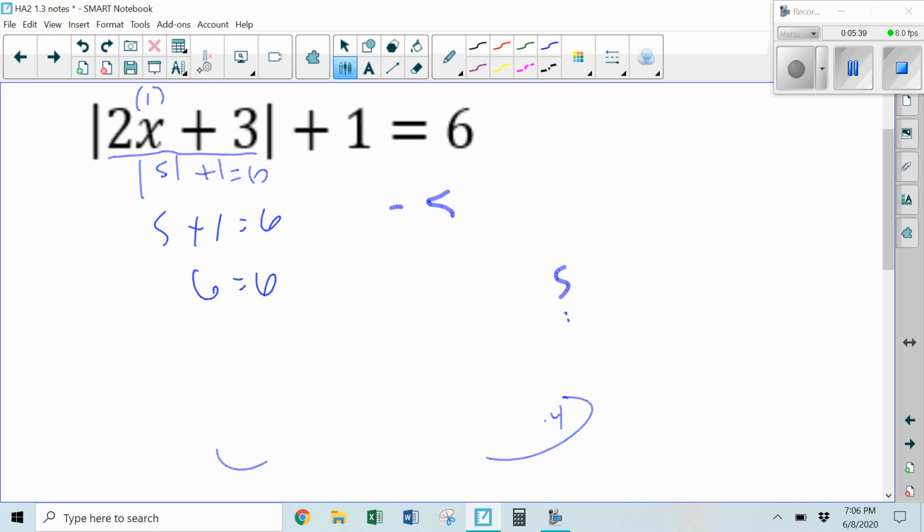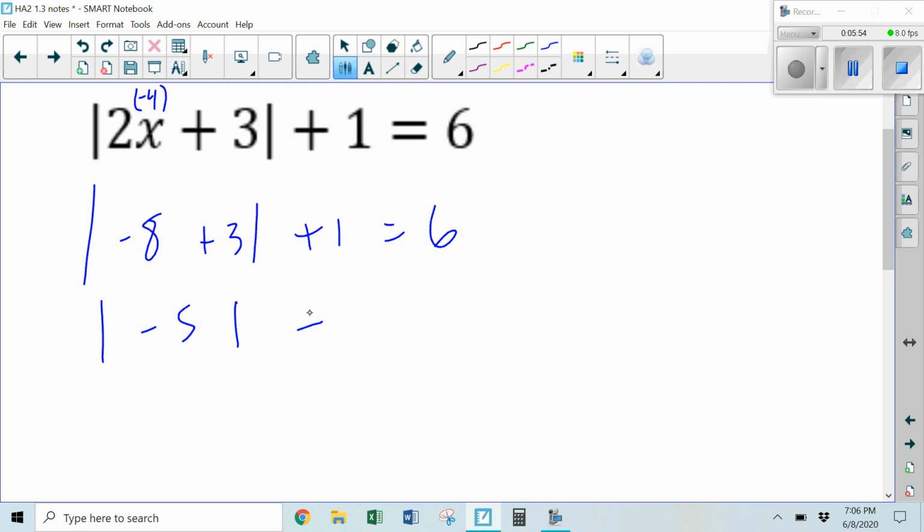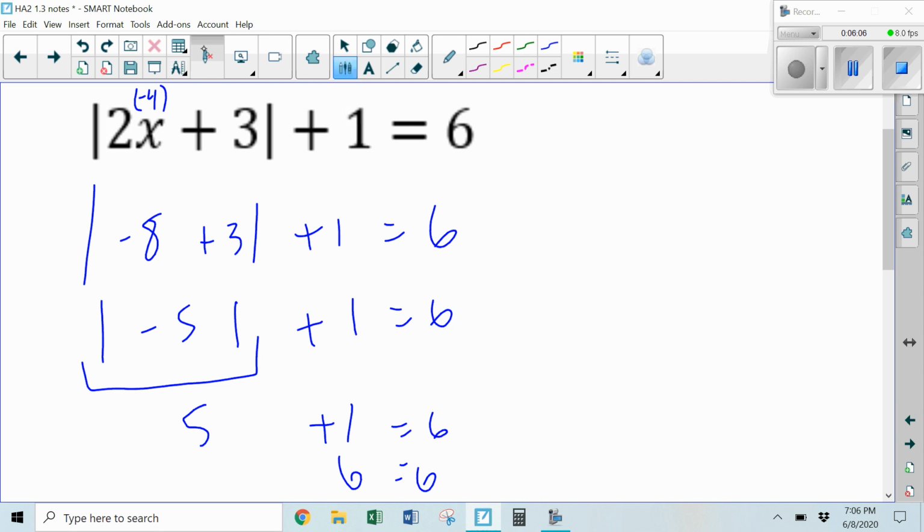So that works out. Let's plug in our answer of -4. That gives me -8 plus 3. -8 and 3 is -5. The absolute value of -5, the distance of -5 to 0 is 5. So I can see both answers work out.